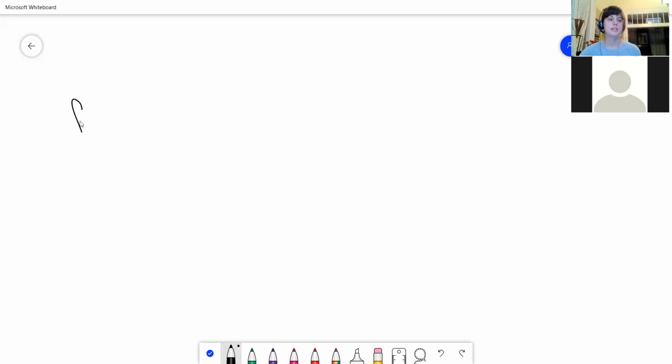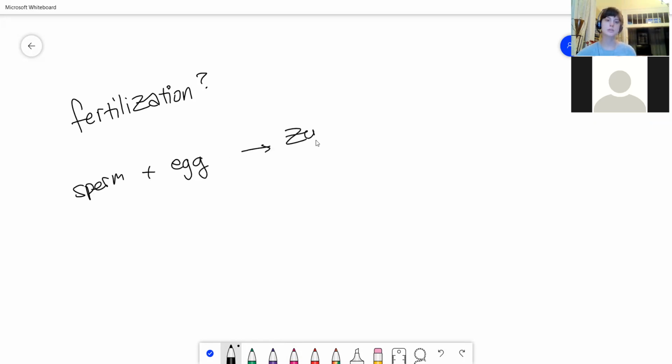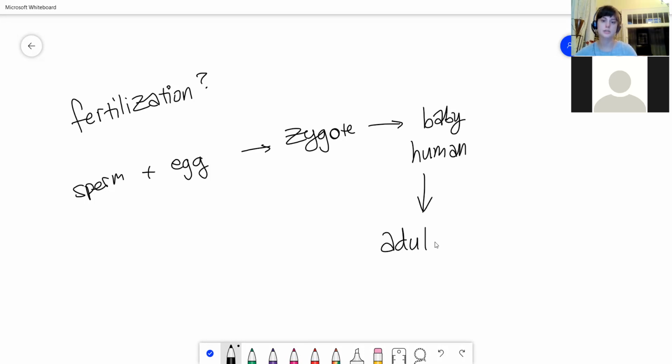What is fertilization? When the sperm is with the egg. Yeah, sperm plus an egg. Okay, that makes a zygote. And that turns into, we're gonna skip some steps, a baby person, right? Okay, that baby will turn into an adult.